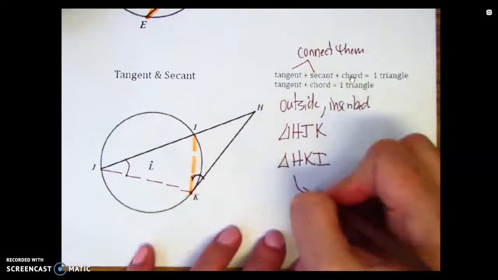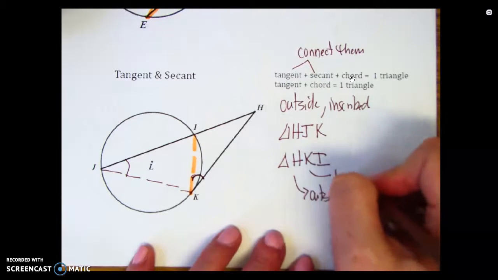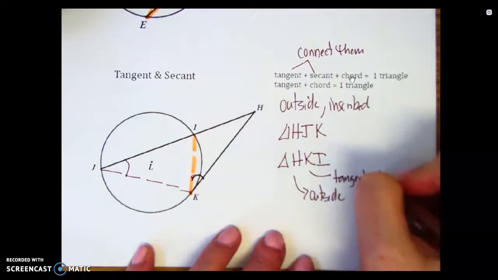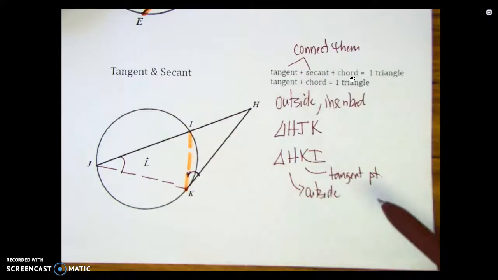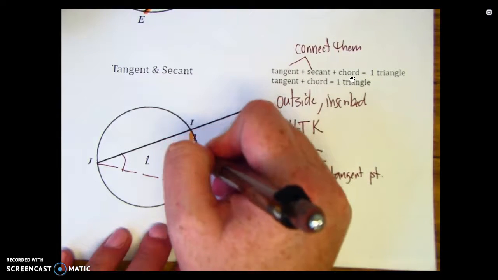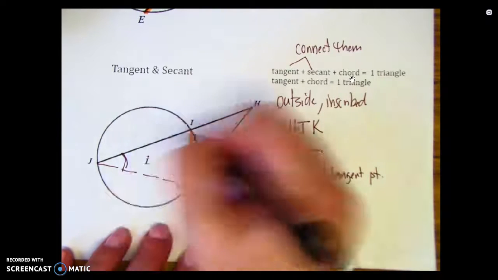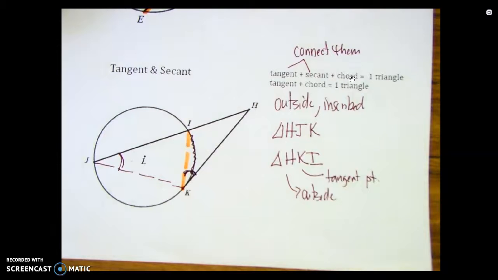So that's outside, and that's the tangent point, the point of tangency. So I go outside, tangent point, and then the third angle, because I know that K is half of this arc, and I know that J is half of that arc. So I know that those angles have to be congruent.